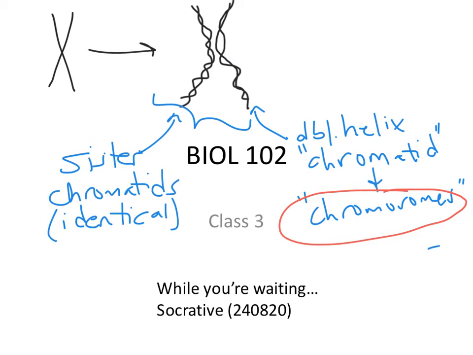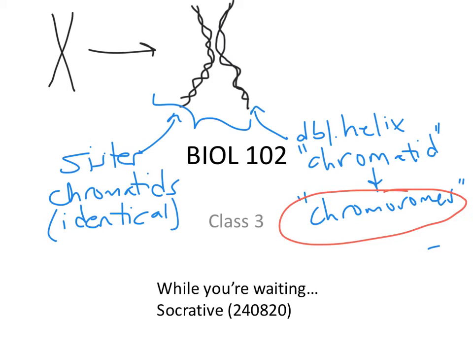We observe an object. The word chromosome, I know this is boring for those of you that don't care about linguistics, but damn it, I make you care about linguistics. What does chromosome mean? You look back at its Greek roots. What does chromo mean? Light, color. And soma? Body.